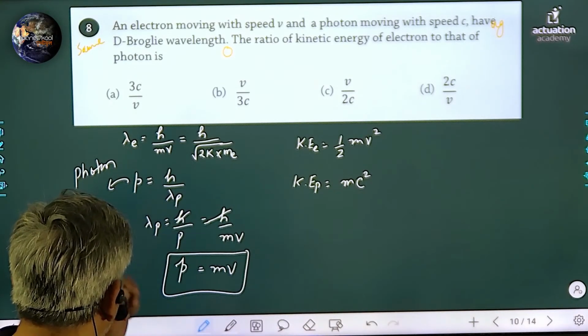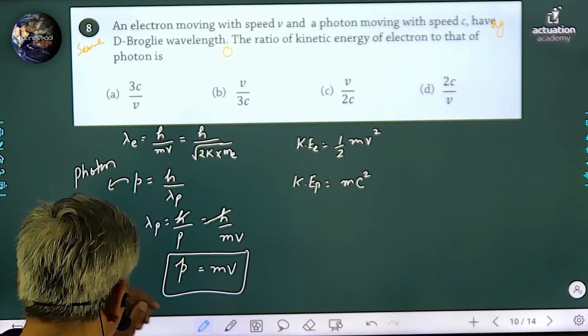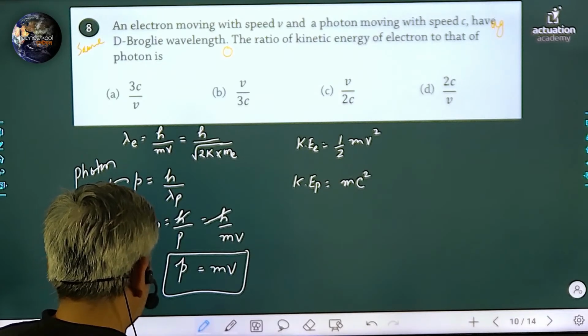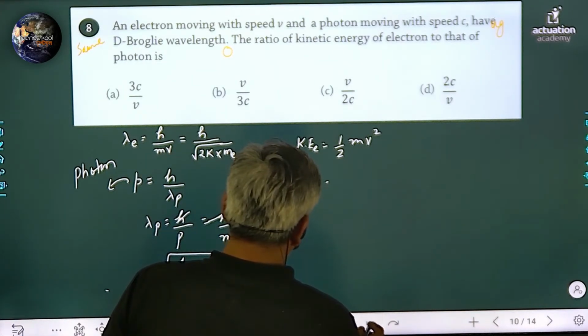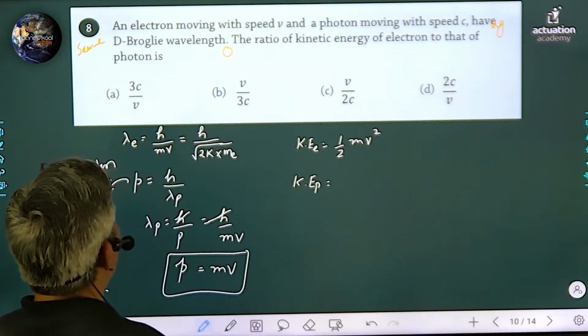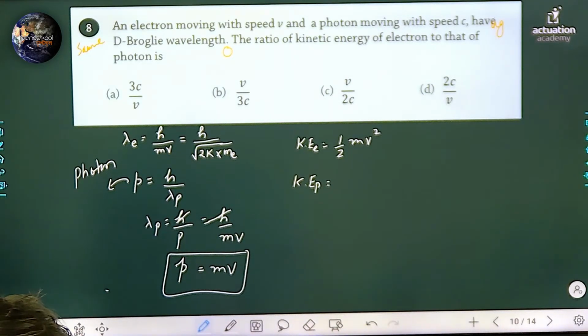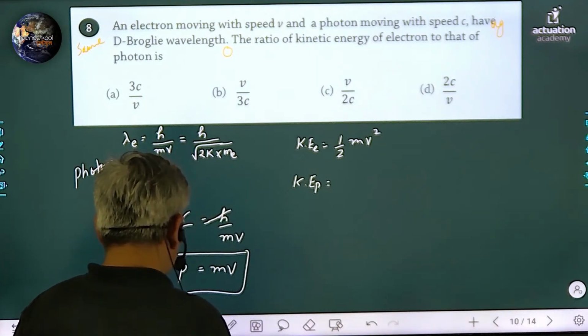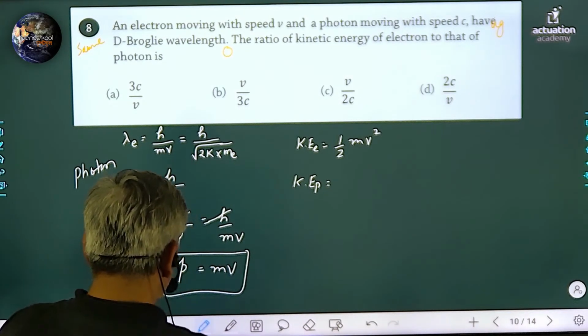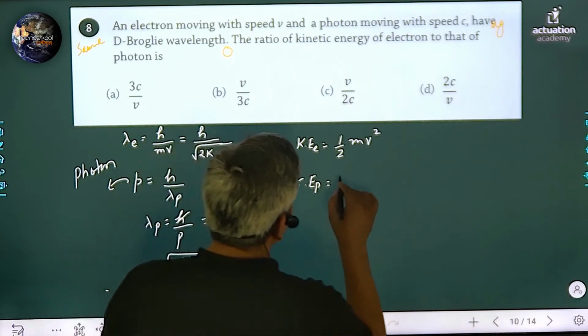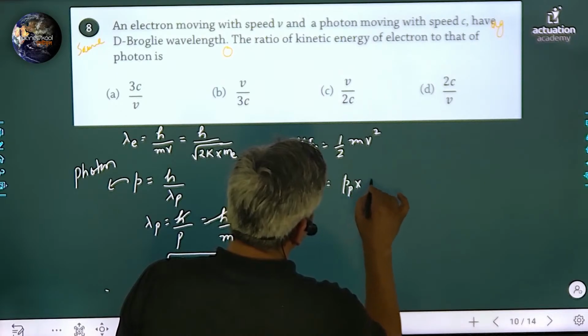Okay, and if I write this, kinetic energy of the photon can be written as the momentum of the photon into the speed of the photon.